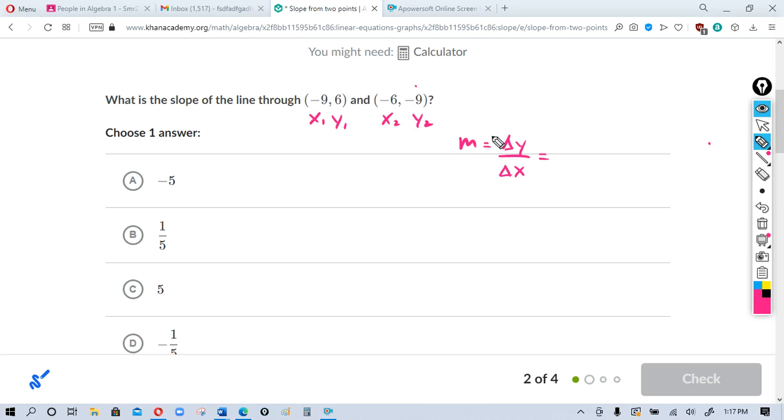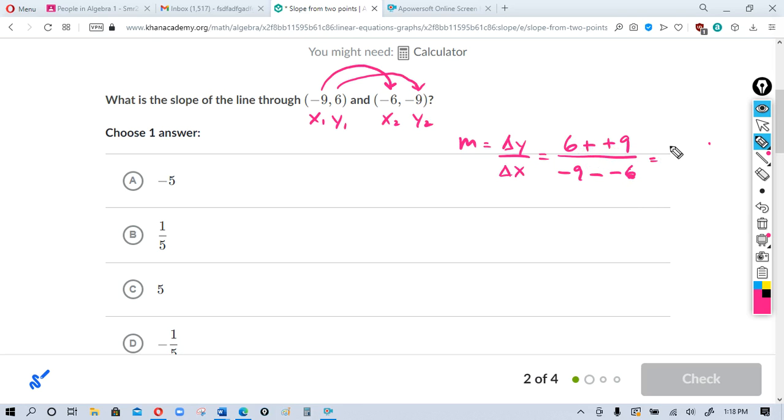So for the change in y, I'm going to do 6 minus negative 9. And for the change in x, I'm going to do negative 9 minus negative 6. Okay, so just watch your plus minus signs. And remember, 2 negatives in a row is positive.